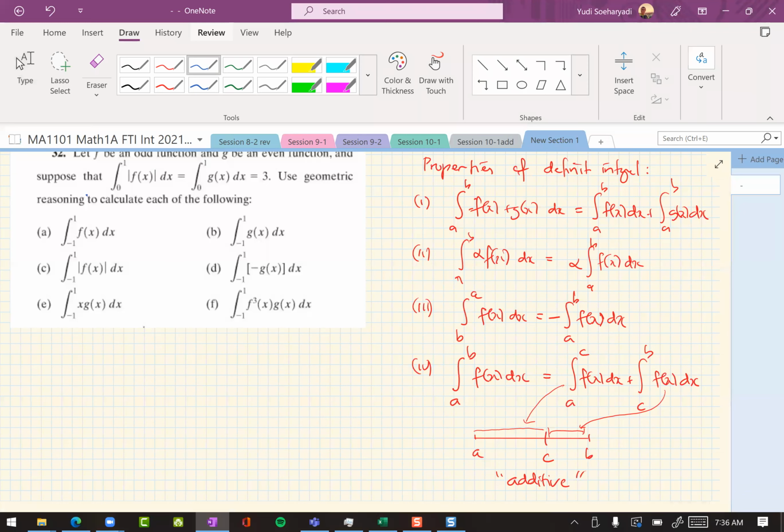All right, so let's go back to this one here. A from -1 to 1. The data is about 0 to 1. So let's split it into from -1 to 0 and from 0 to 1.